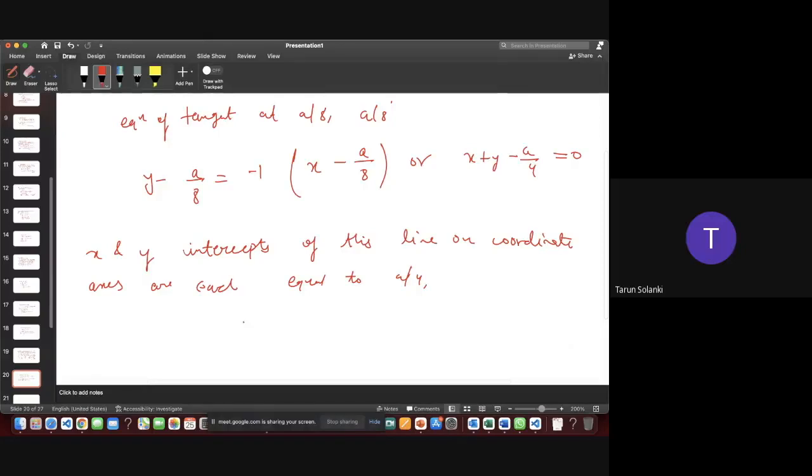So we have a by 4 whole square plus a by 4 whole square is equals to 2. That is a is equals to 4. So this is our final answer. Okay.